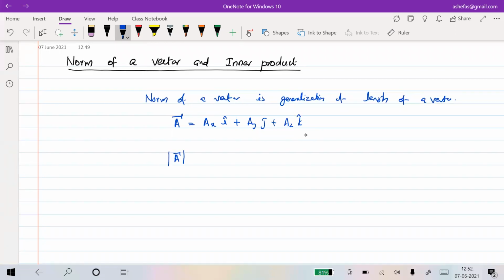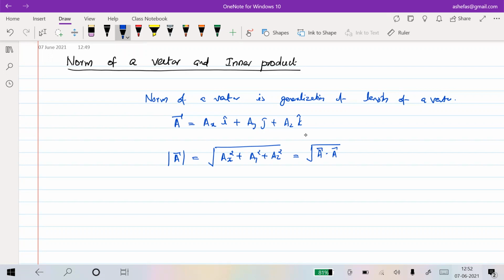The length of the vector is simply given by the square root of ax square plus ay square plus az square, or more technically we can denote it as the square root of a dot a. That is, the length of a vector is the square root of the inner product of the vector with itself.